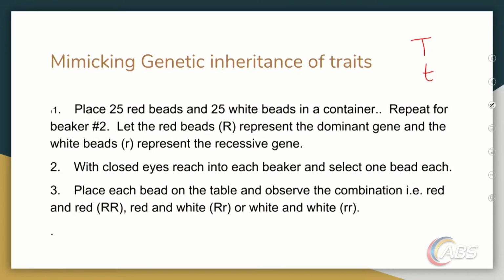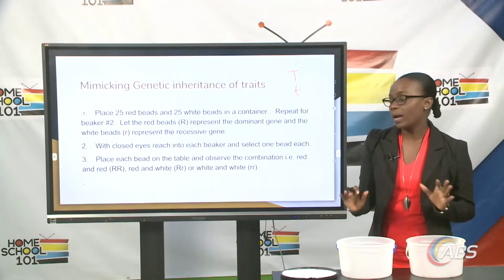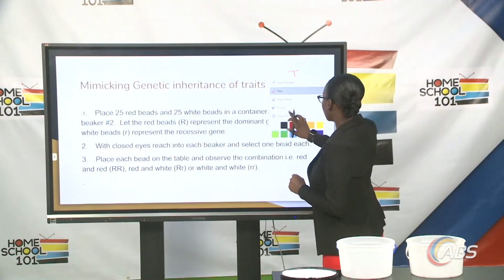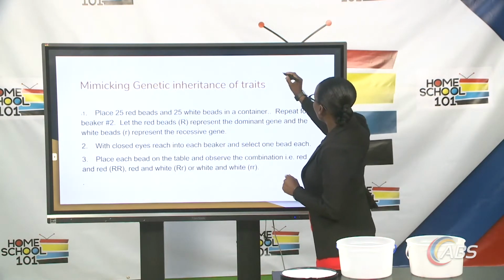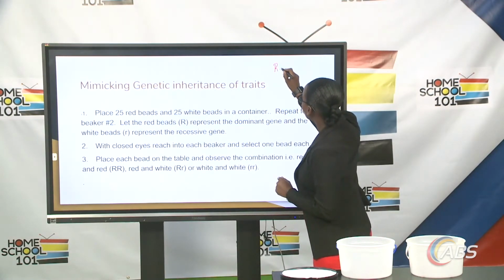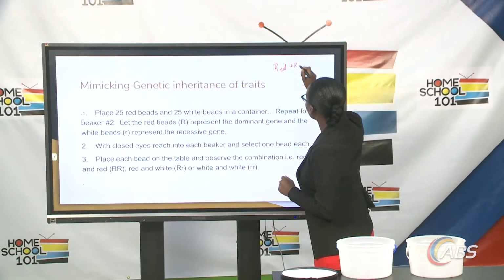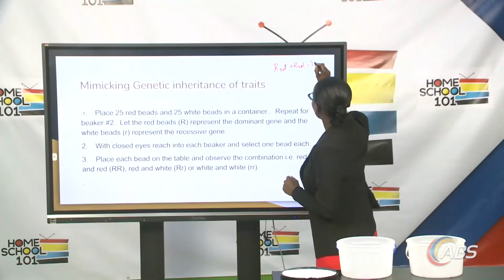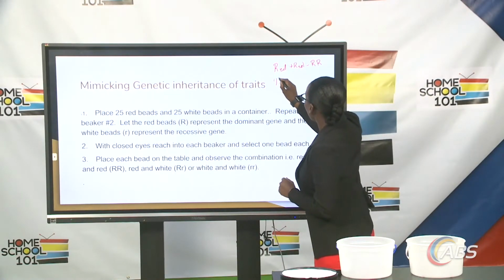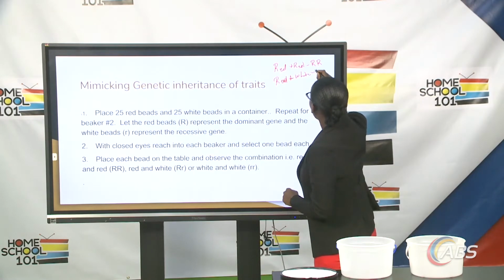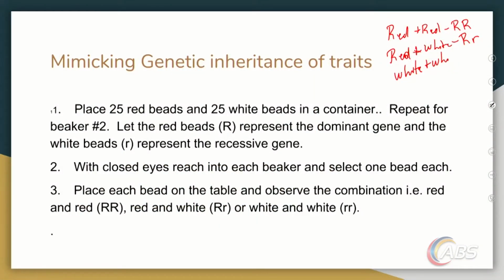So in the containers, we have red and white. And so what we're going to be doing is we're going to be representing the red on red as two uppercase letters, the red and white to represent an uppercase letter and a lowercase letter, and the white plus the white will represent two lowercase letters.